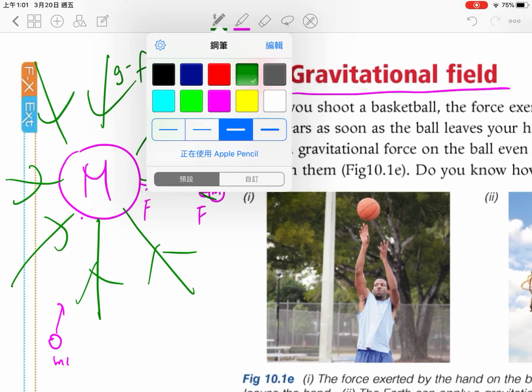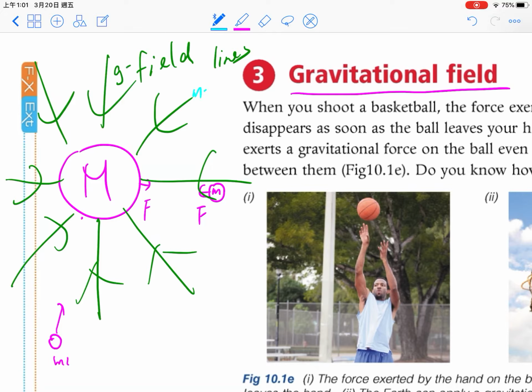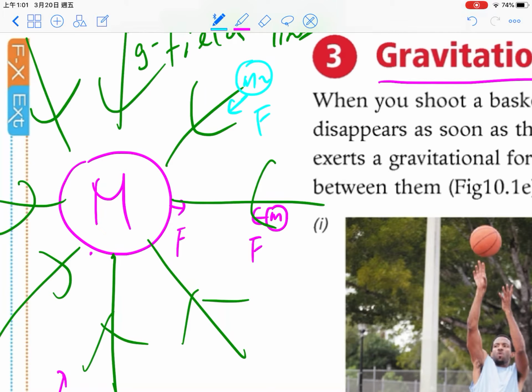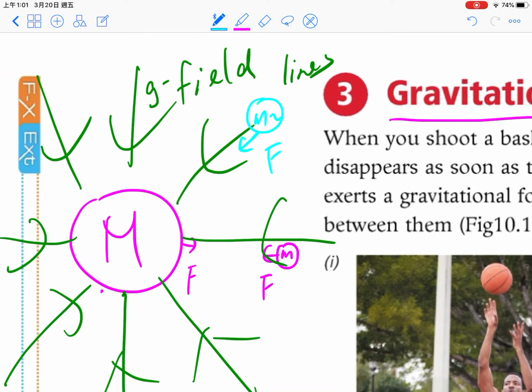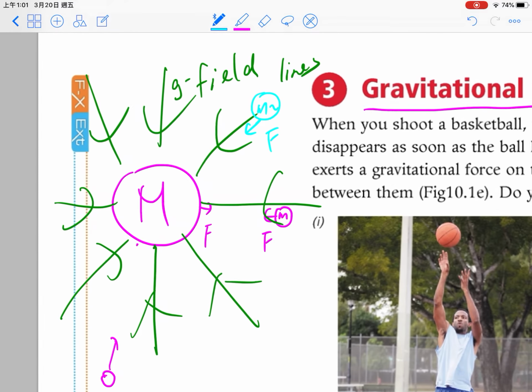If I put another object, let's say M2 here, it accelerates, and it has a net force acting on it, and the direction will be pointed to the massive object. So we can see the force has the same direction as the g field lines. We define the g field lines to point towards the massive object.